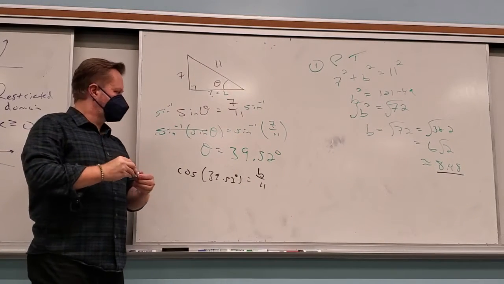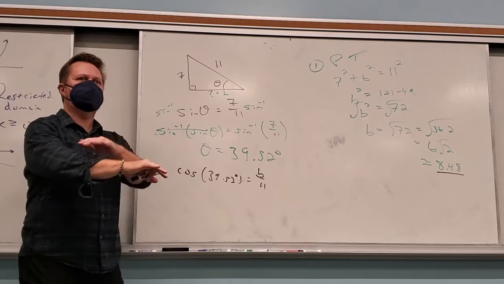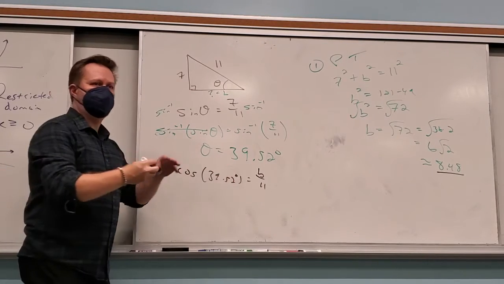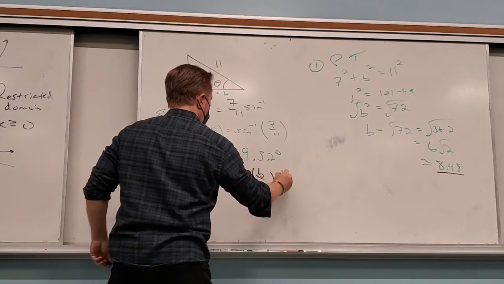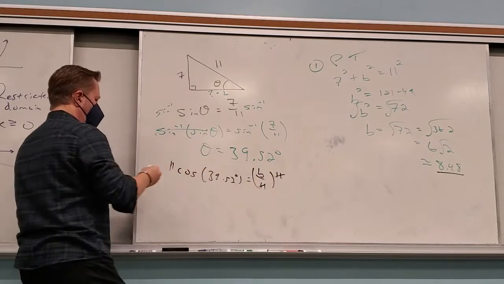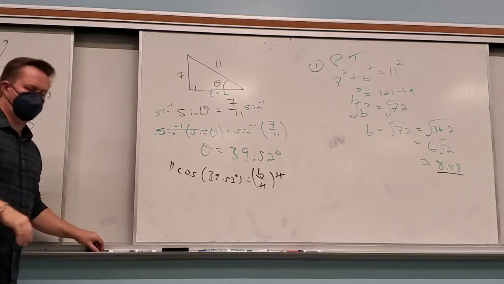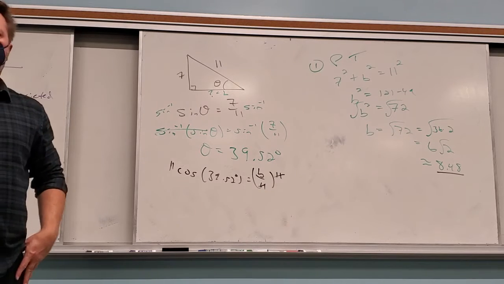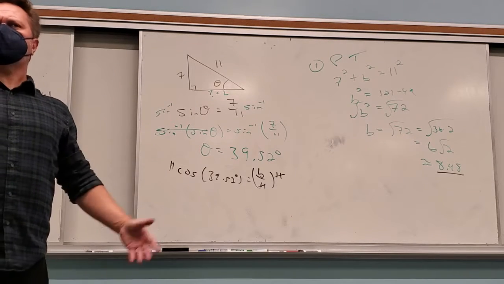And so Jeff is up here going, oh man, did I write everything down right? We're going to find out. How do I solve for B? Multiply by 11. So what's 11 times cosine of that? Of course it is.